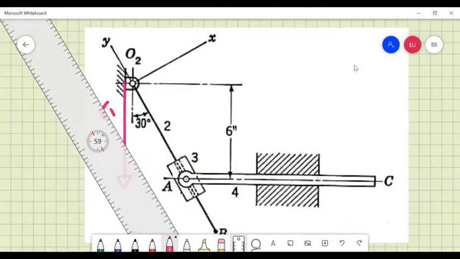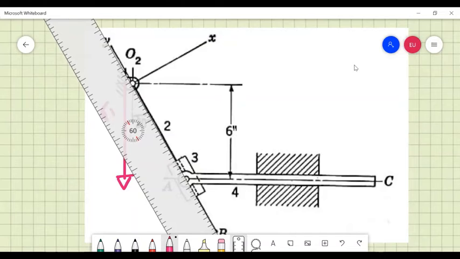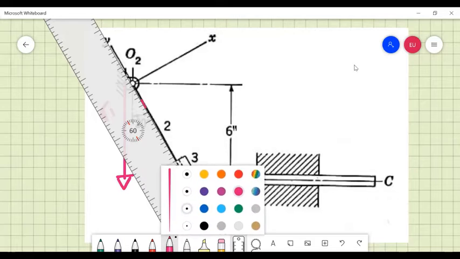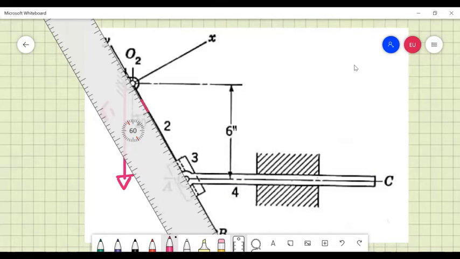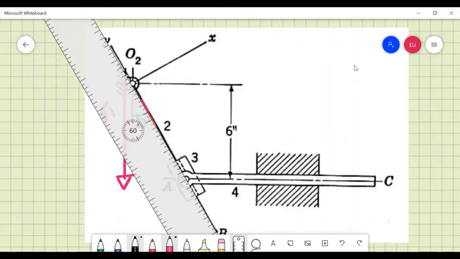Check this. With this ruler, you can even check that this is actually at minus 60 degrees. You know, that angle is here, right? Here we have minus 60 degrees. So it is valid.